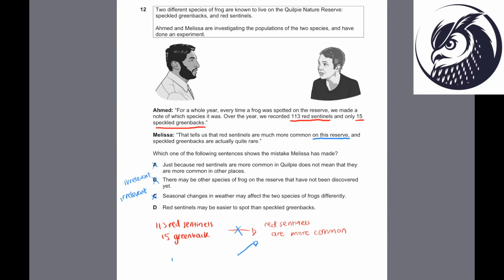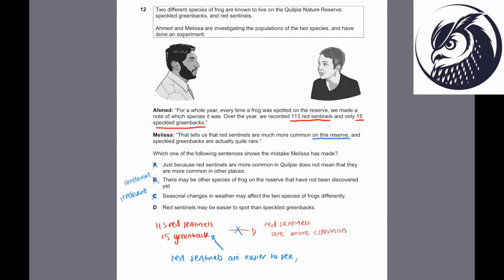Okay, so red sentinels are easier to see. And that might explain why you have this data, okay? It's not the fact that sentinels are more common, that's why you see 113 of them. It might be because they're easier to see.